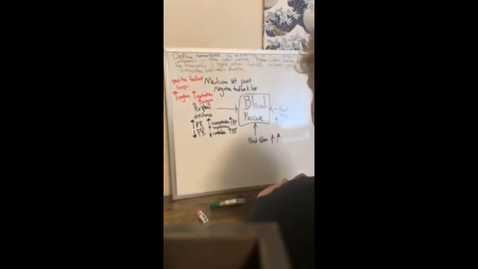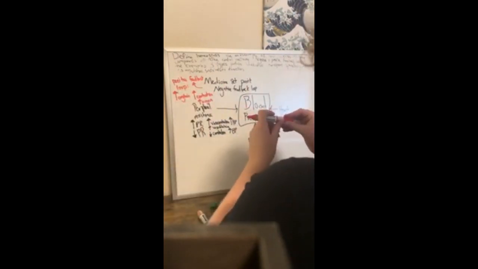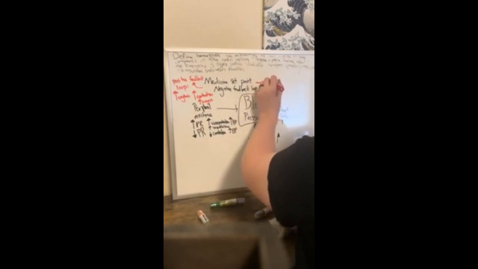And then it follows that cycle. Deviations from set point with positive feedback, if medicine's not able to keep this positive feedback in check, an individual can die.